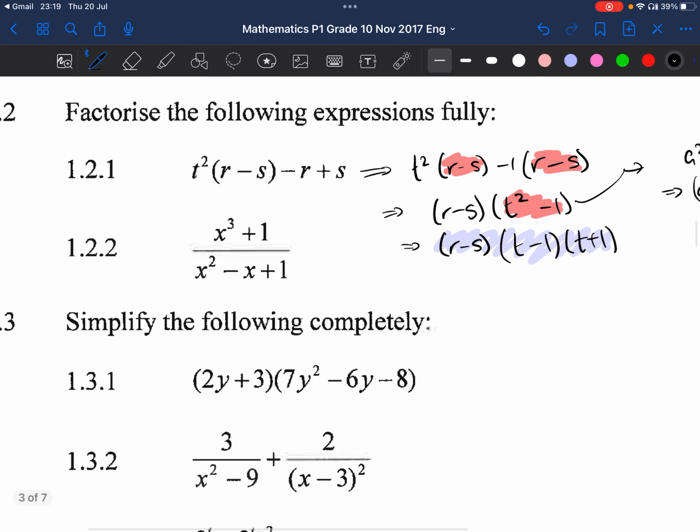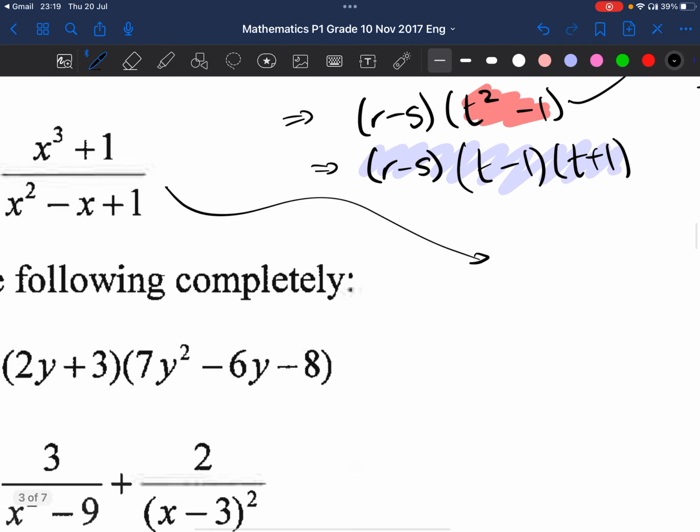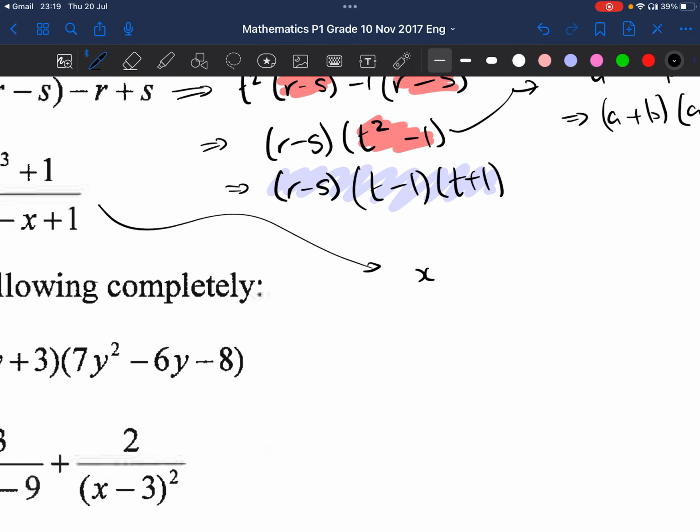The next question, 1.2.2. Let's bring it down here and look at it. So we have x cubed plus 1 over x squared minus x plus 1.